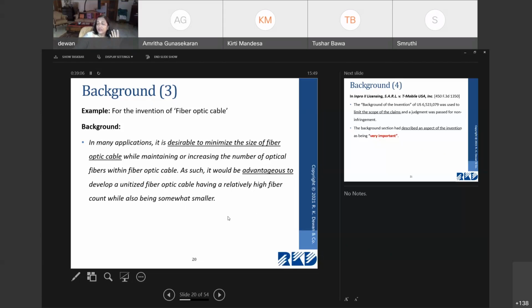So we have said that there are optical cables which are available in the market. Many efforts have been made in the prior art to increase the number, to maybe improve transmission, but what has been happening is that the size goes on increasing.